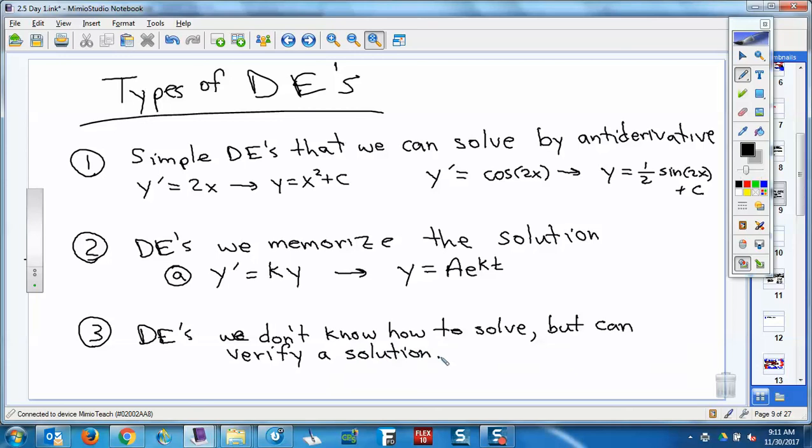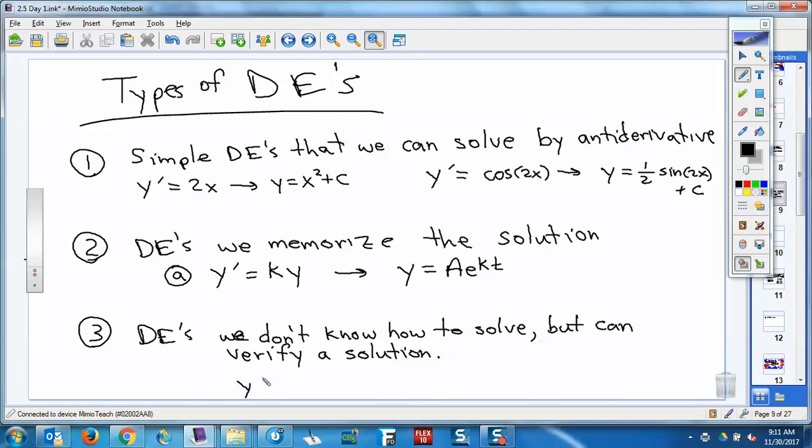So that's going to be the big thing we want to talk about lastly here, is what if we don't know how to solve something, but they propose or they give us a solution and say, verify that this is the solution. Okay? So this would be all these other ones.